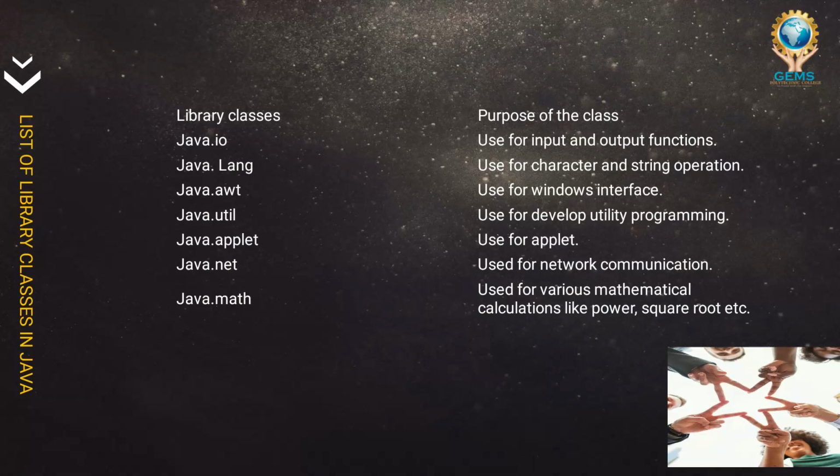Java.awt is used for Windows interface. Java.util is used to develop utility programming. Java.applet is used for applets.